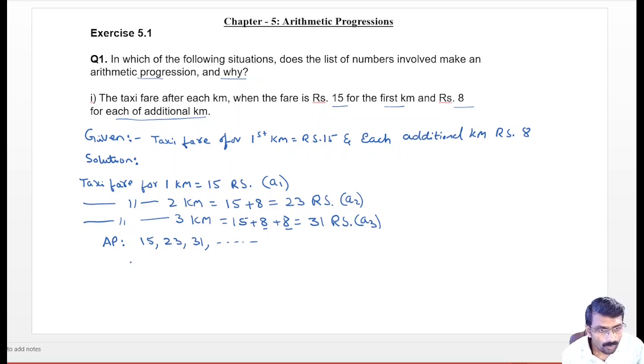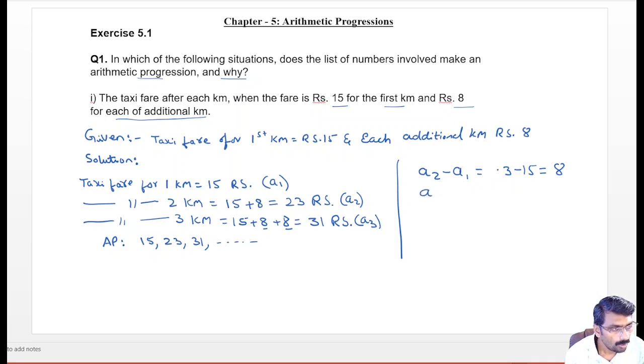Now we need to see whether the common difference in these terms is the same to prove that it is an AP. So to check the common difference, A2 minus A1 is equal to A2, which is 23, minus 15, which equals 8.